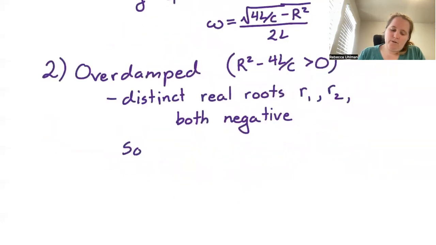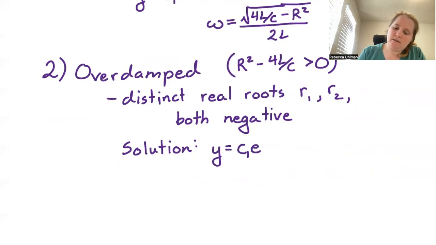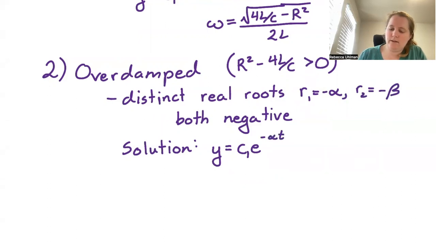I'm going to write r1 as negative alpha and r2 as negative beta. So our solution takes the form y is equal to C1 e to the negative alpha t plus C2 e to the negative beta t.